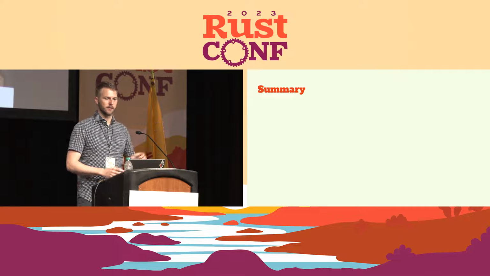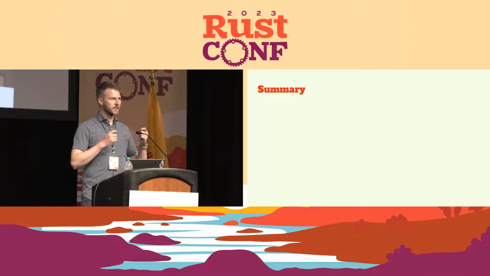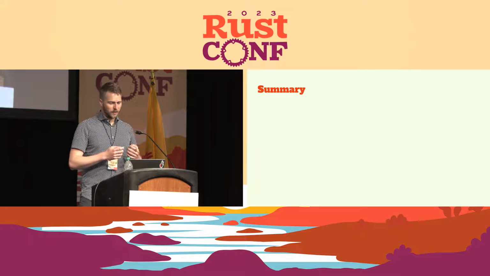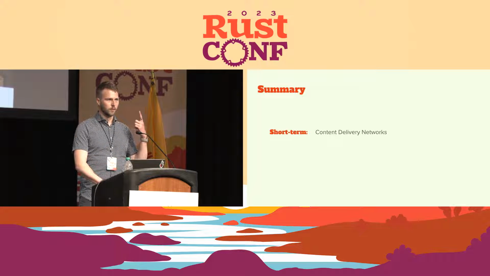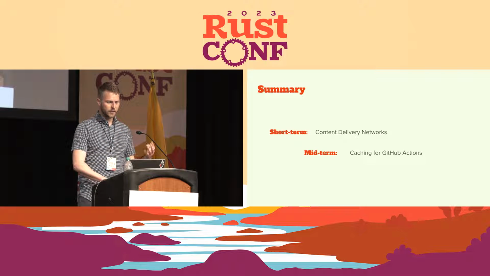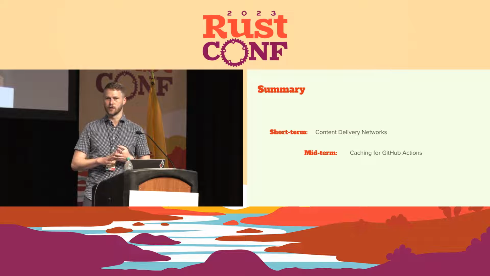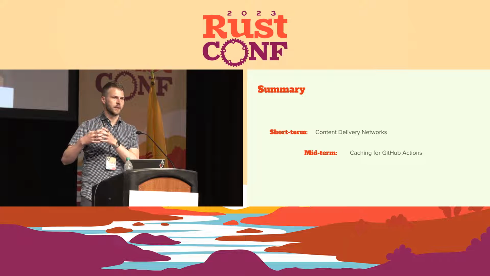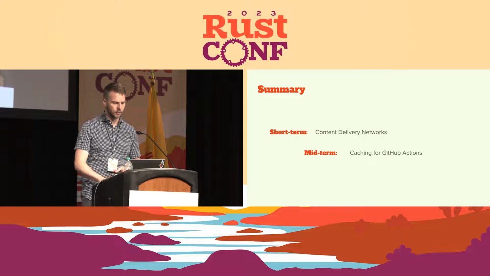I want to quickly summarize this. We see in our own metrics that Rust is growing really fast, and we see this mostly in our traffic from the user side. We're addressing this in three different ways. We're working hard on our CDNs to make them more efficient and faster. In the midterm, we're looking at caching for GitHub Actions to move the bulk of traffic that comes from CI and try to handle this in a slightly different way.